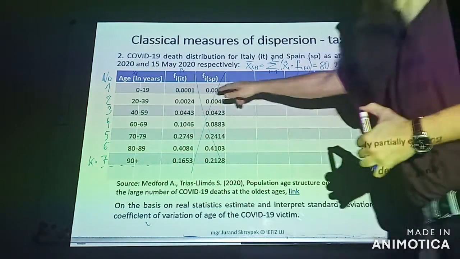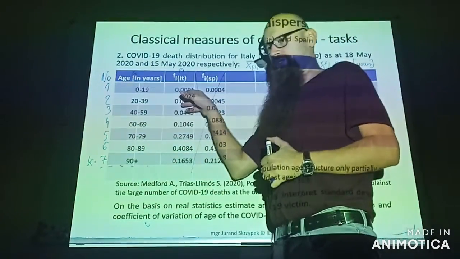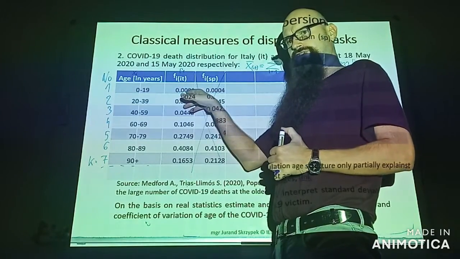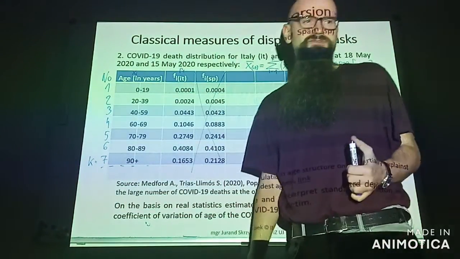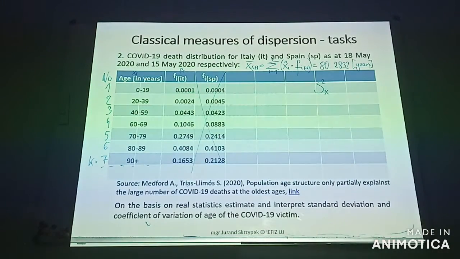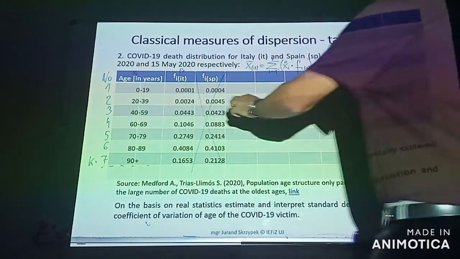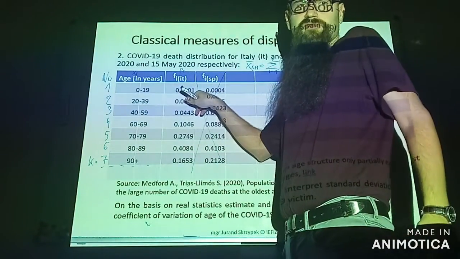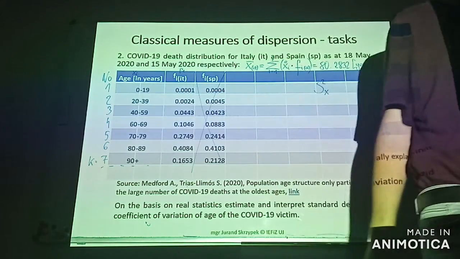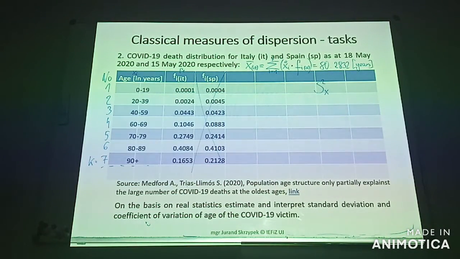So the percentage of the youngest deaths in the total number of deaths of COVID-19 victims is relatively small. So we should be very accurate here, because here we are approaching 0%. Yes, we are approaching 0%. Okay.